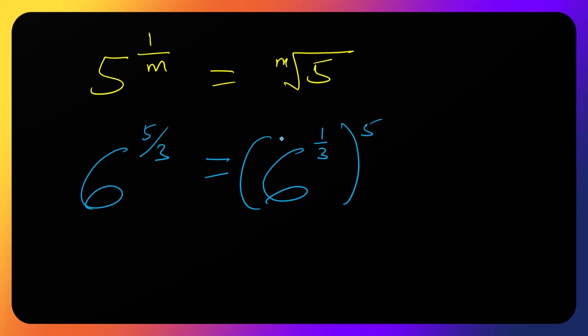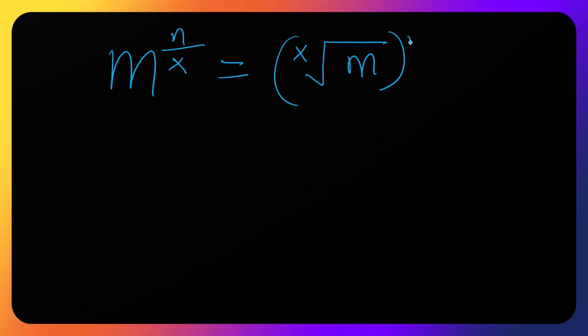I have taken the 5 out, so we have 6 exponent 1 over 3, which gives us the cube root of 6, all to the power 5, or you can use brackets for that. So in general, m exponent n on x will be the x root of m all raised to n.